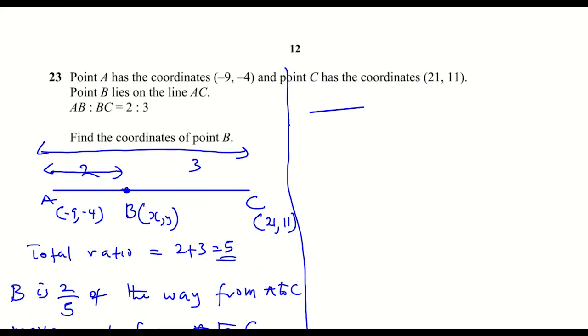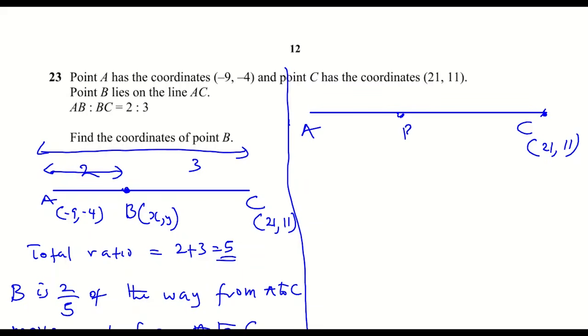So point A is here, point B is here, and finally point C is here, just like what we did earlier. This will be point C, and the coordinate is 21, 11.